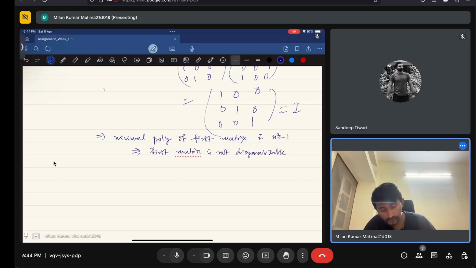diagonalizable over R, but diagonalizable over C, right?